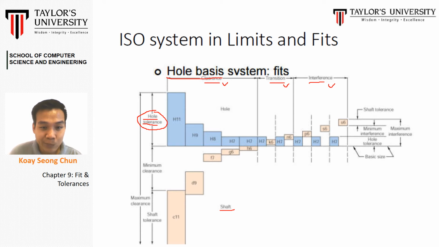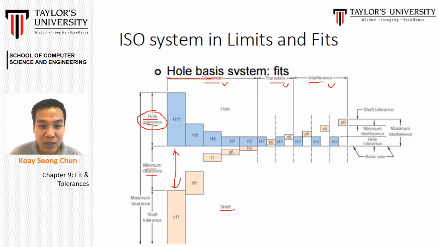And here is the maximum clearance, means this one. Let's say you need a clearance fit for the shaft and hole, so you may need to consider what maximum clearance you need. Maximum clearance means the gap between the hole and the shaft will be biggest or smallest.